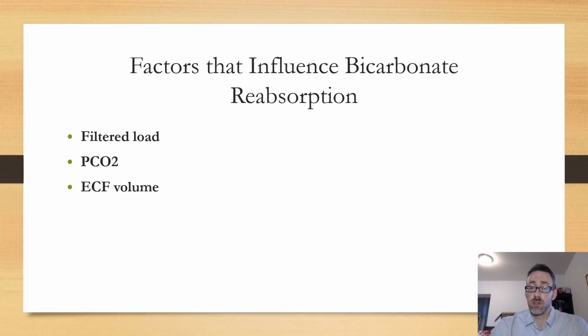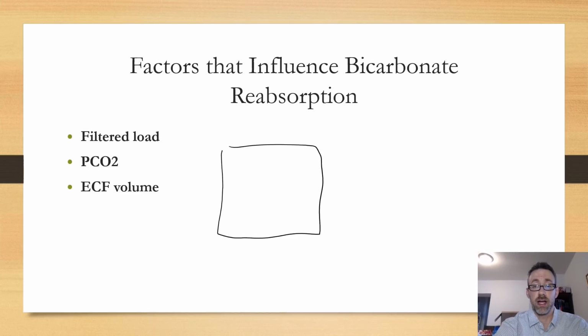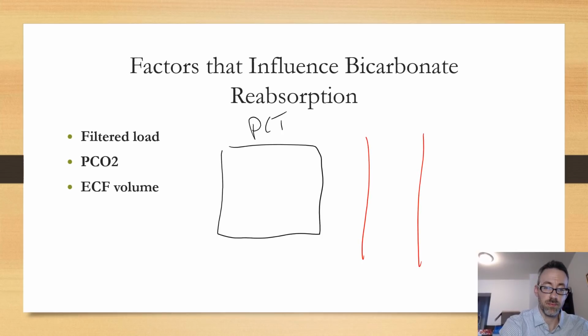In terms of PCO2, it can influence the rate with which bicarb is reabsorbed. So this is my proximal convoluted tubule cell, and here is my capillary. Remembering that we have carbonic anhydrase in these cells, that can convert water and CO2 into carbonic acid, and then it produces a proton, right?